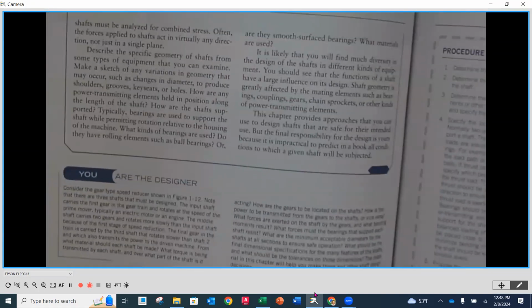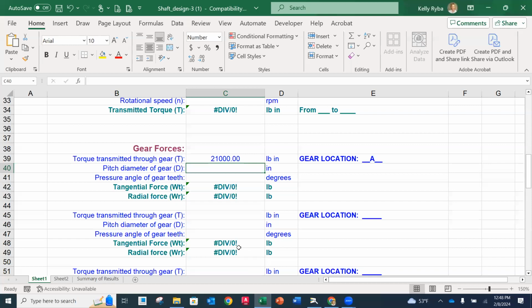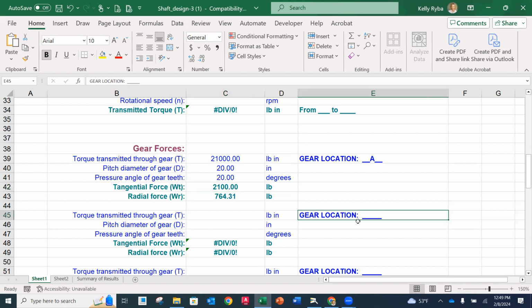Okay. And that's what our spreadsheet is written for. So we're going to put our diameter in here as 20, and notice the units on the right-hand side are inches. Okay. And then our pressure angle is 20 degrees. So we've got our tangential and our radial force magnitudes calculated. Now, we might as well do gear C as long as we're here. So I'm going to put it in right away.